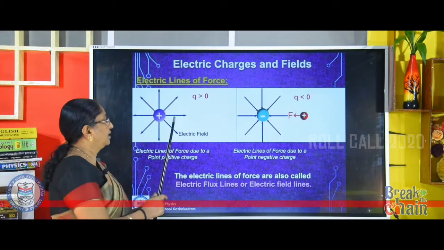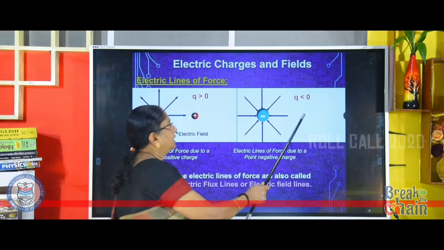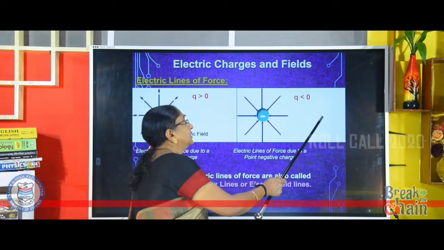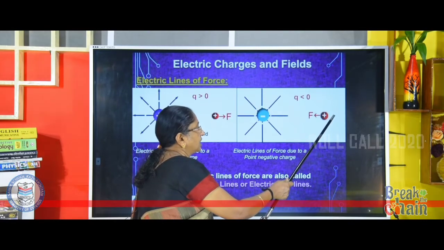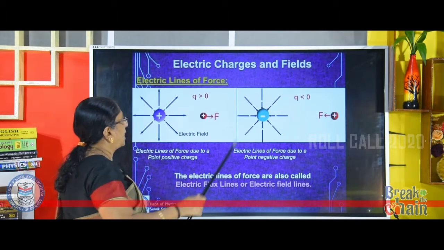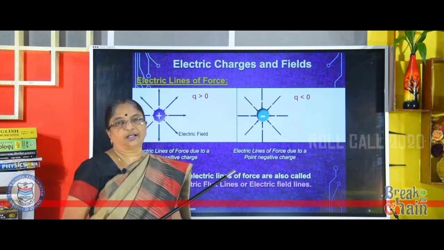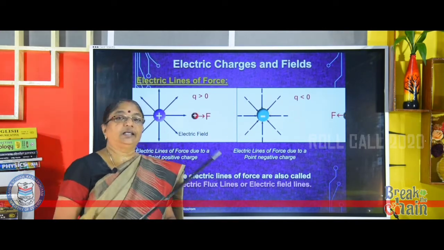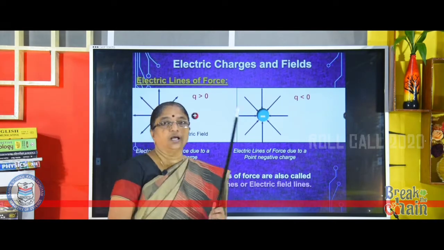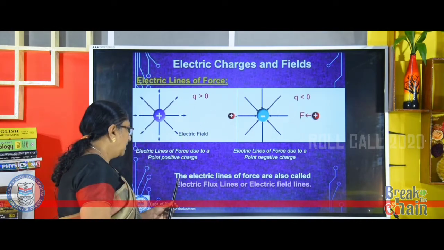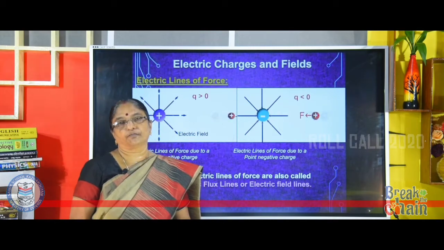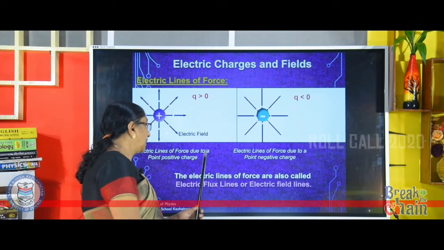The test charge is moving away from the positive charge, and if Q less than 0, meaning a negative charge, the test charge is moving towards the negative charge. And these paths followed by a test charge are named electric lines of force. And electric lines of force have two more names: electric flux lines or electric field lines.